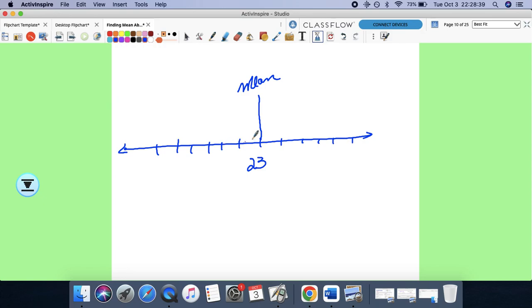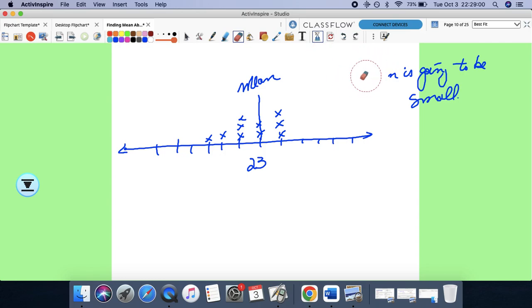If you had your data like this, for example, the MAD, the mean absolute deviation, is going to be small. Why? Because everybody's close to the mean.